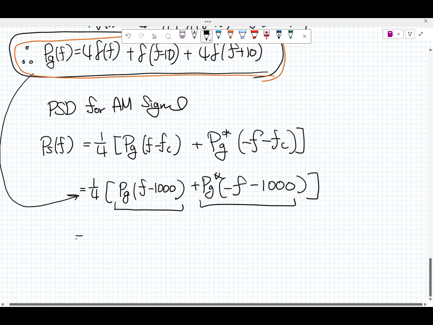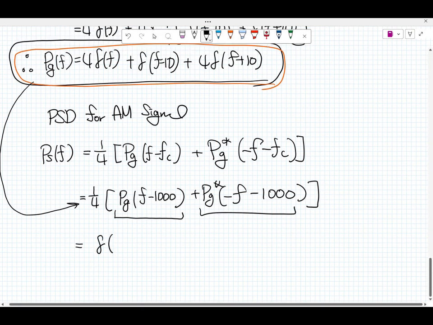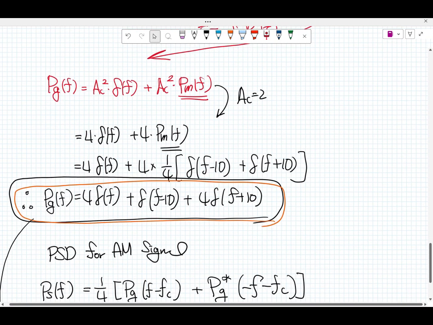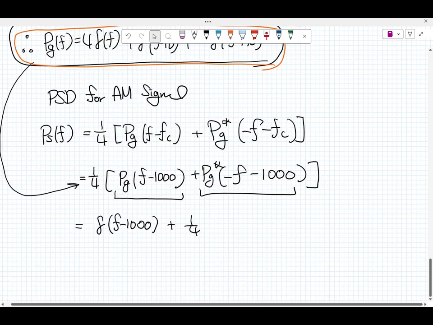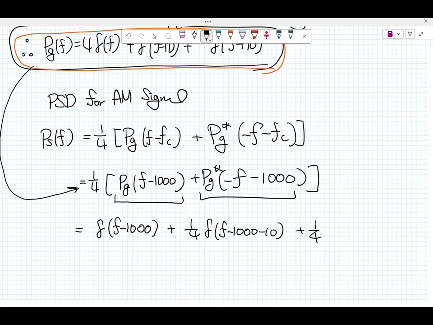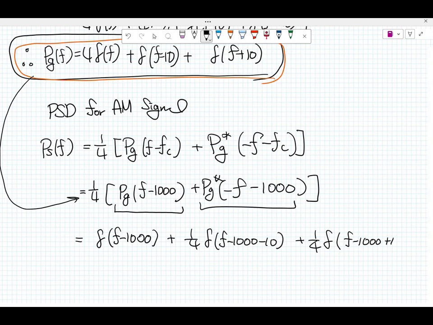So step by step, let's say. How can I write it? Delta f minus 1000, 1/4. Oh, it was wrong right there, just some calculation. Sorry. 1/4 of f minus 1000 minus 10, and then the 1/4 of f minus 1000 plus 10.